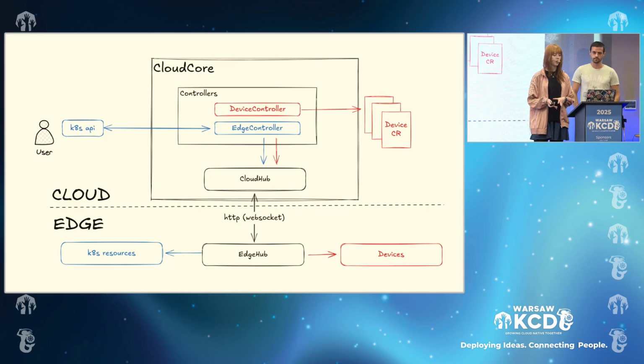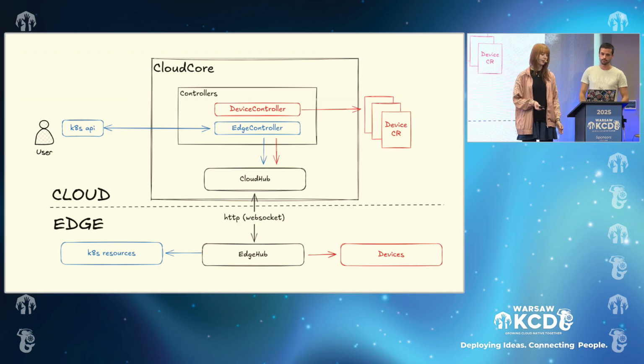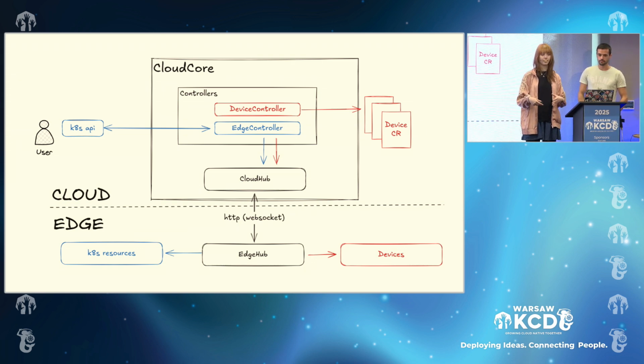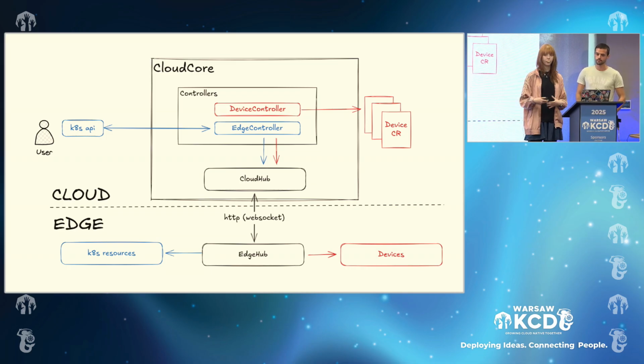Now bundling all of the communication like this through the cloud core has a couple of benefits. So the first benefit that you get is load reduction, and this is done through aggregation of updates. So this means that instead of basically sending updates from all of these edge nodes to the Kubernetes API server, you aggregate them, and so you don't overload the Kubernetes API server that much.